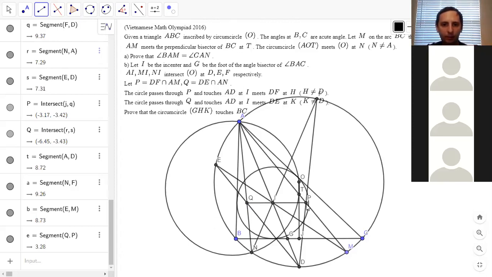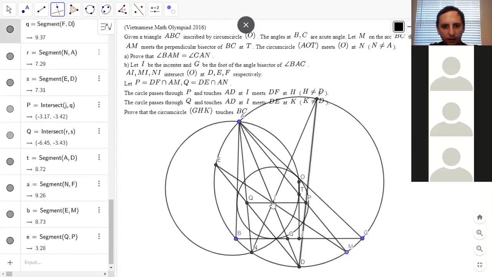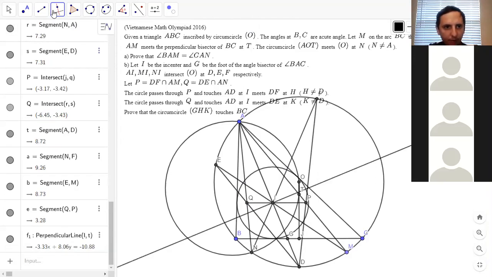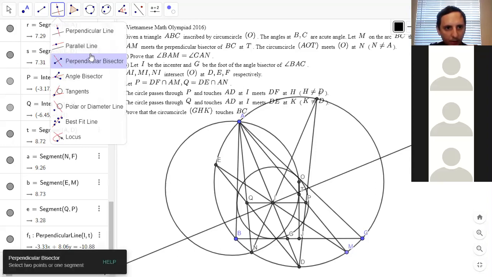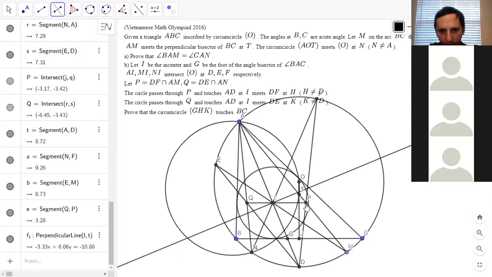So the circle passing through P that touches AD at I. Basically I want to draw the perpendicular at I to AI, and I want to see where it meets the perpendicular bisector of PI and QI.